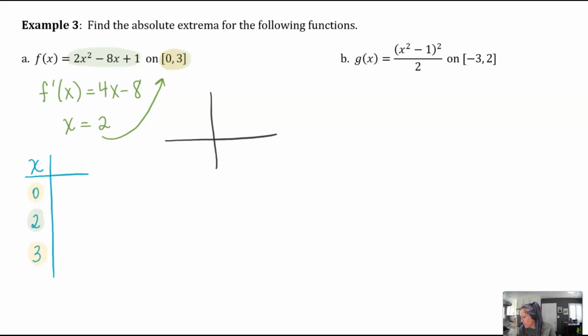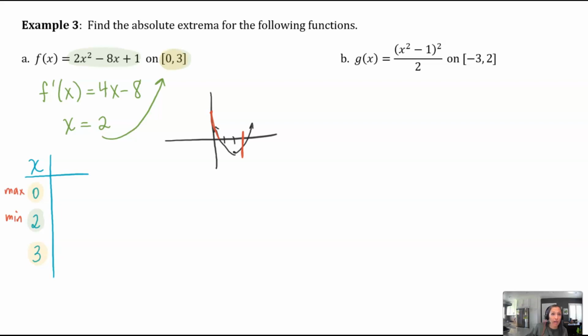My vertex is at 2, positive 2. And I'm going to be growing right up and up. I could already tell you, just thinking about this graph, I'm not going to go far. If I'm stopping at 3 versus 0, this ends up higher, right? Because I've gone further off to the side. So I'm already thinking max and min.